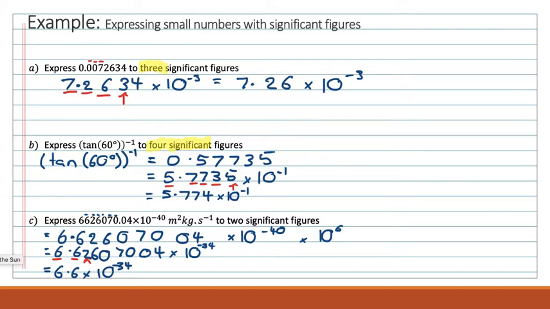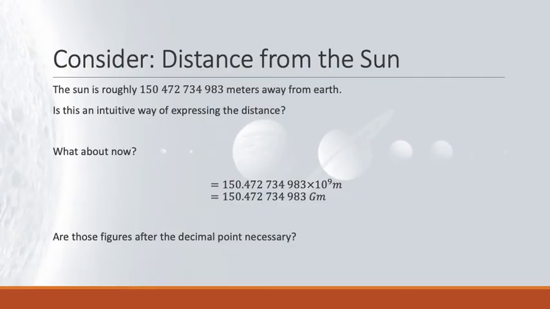So moving onwards, let's have a look at our previous examples. So at the start, we considered the distance from the sun and we asked ourselves, is this a meaningful way of representing the overall distance from Earth to the sun? Noticing all of the decimal places back here.